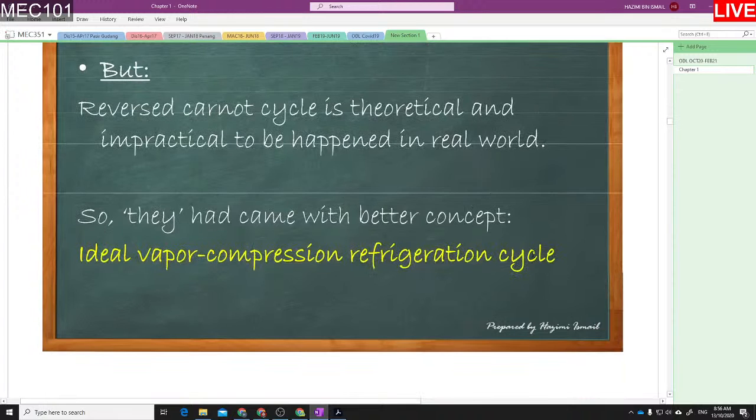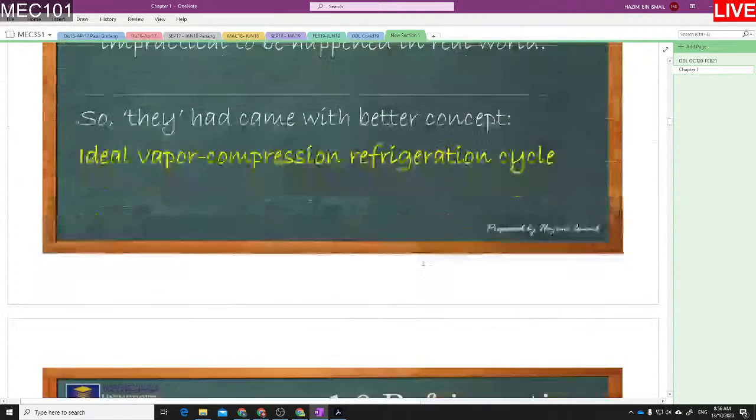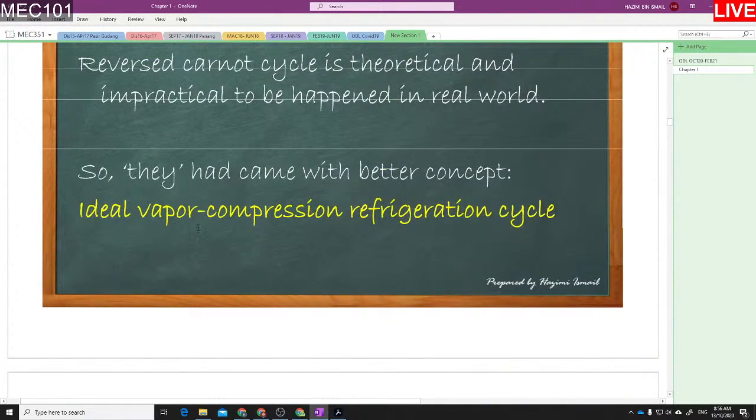So the scientists, a long time ago, came up with a better concept. They modified the cycle, the principle, and they got the vapor compression refrigeration cycle.